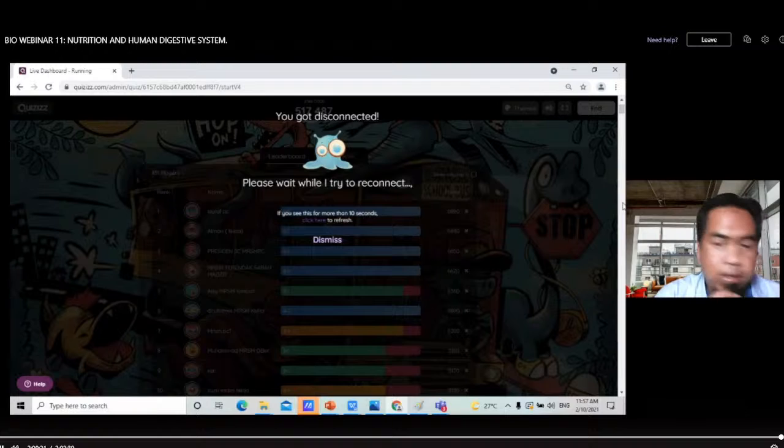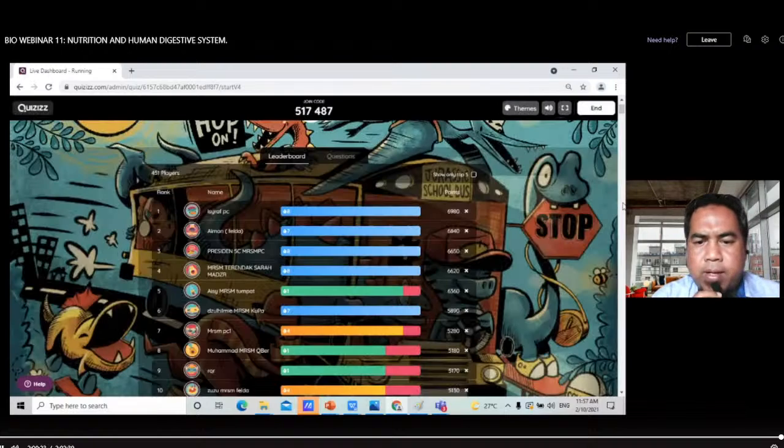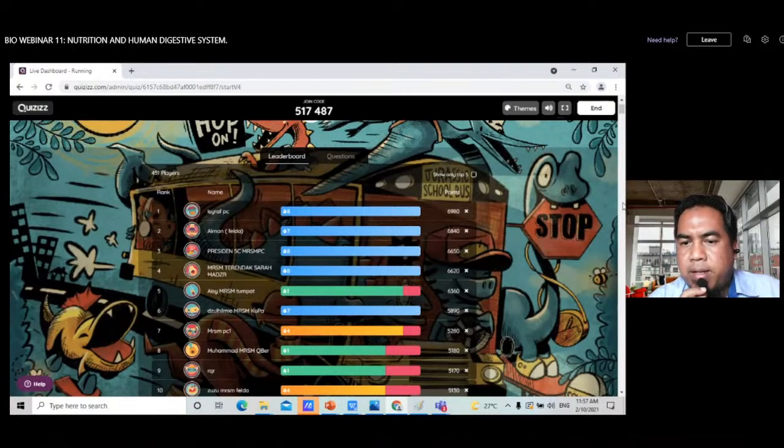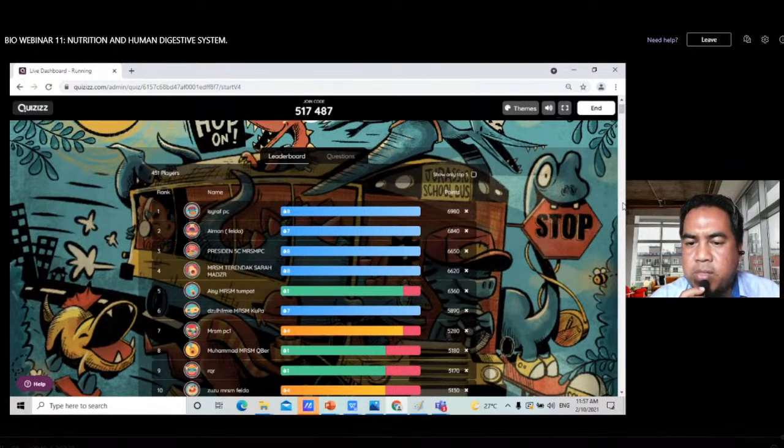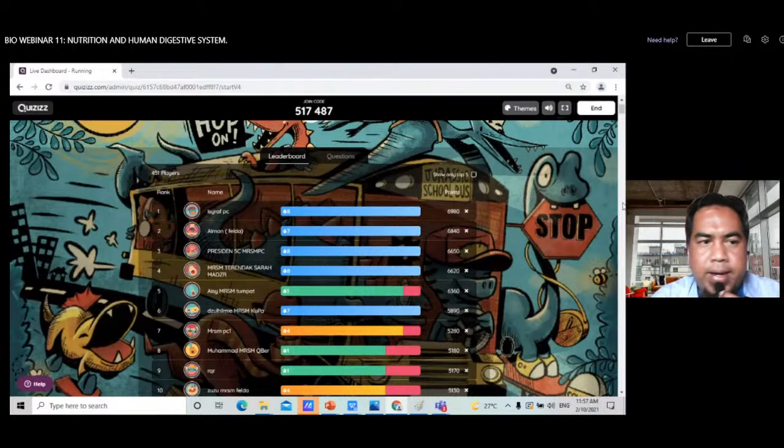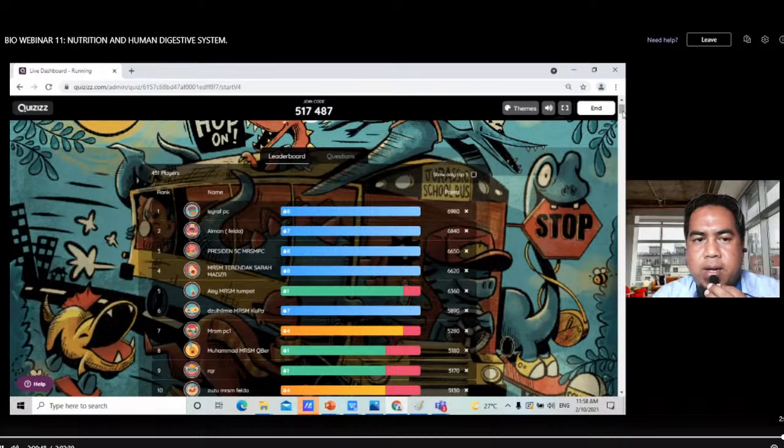Okey. Aiman daripada Felda, tempat kedua, 6,840 markah. Top Ishraf daripada MRSM MPC, presiden kelas 5C. Nombor 3 mendapat markah 6,650. Okey, so rasanya semua dah jawab. So inilah ranking keputusan.